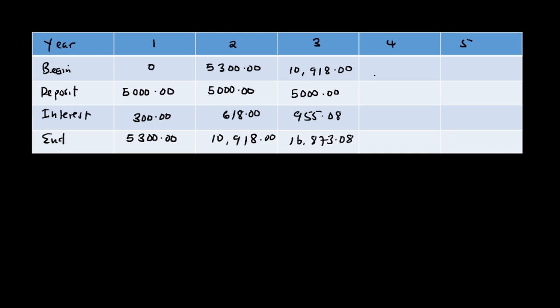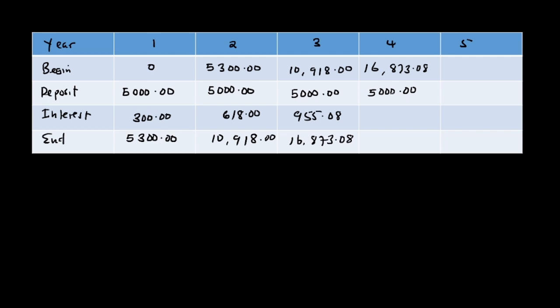Fourth year, 16,873.08. You make a deposit of 5,000. Your money will be 21,873.08.